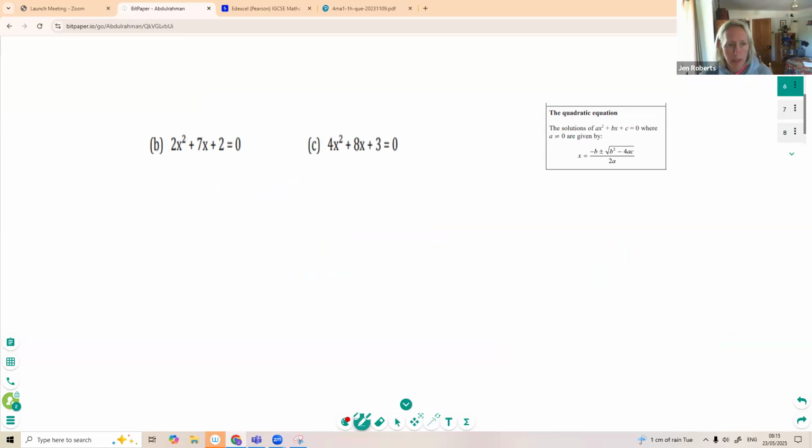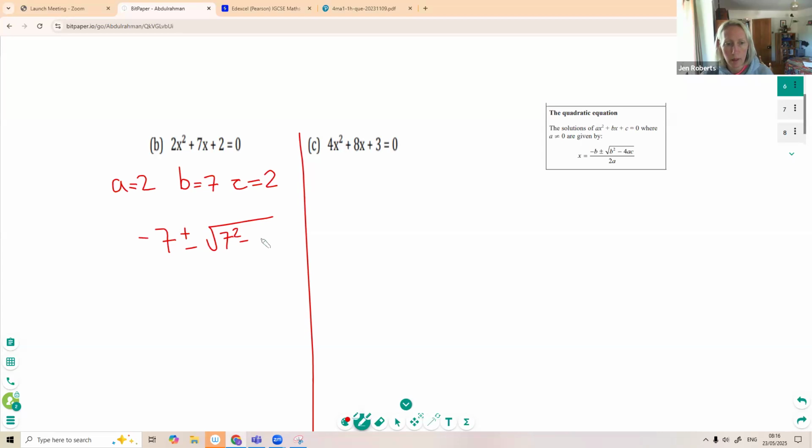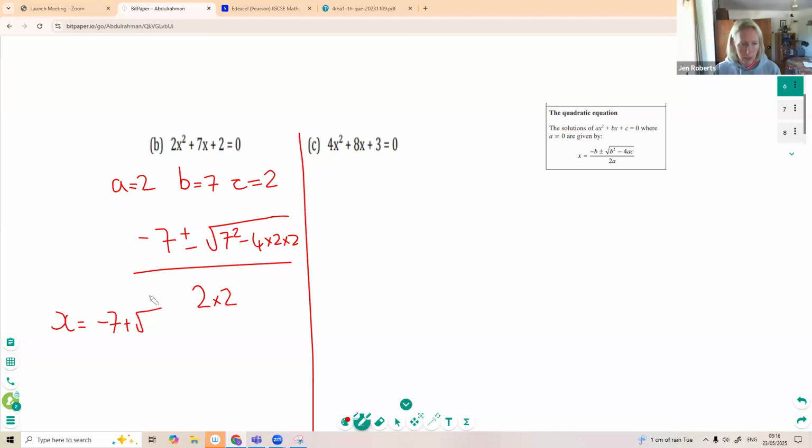Okay, so let me go through these answers. For this first one, a is 2, b is 7, c is 2. Substitute your values in: -7 plus or minus the square root of 7 squared minus 4 times a times c, all over 2 times 2. So one of your solutions is -7 plus root, let's work out 7 squared minus 4 times 2 times 2, it's 33. 2 times 2 is 4.